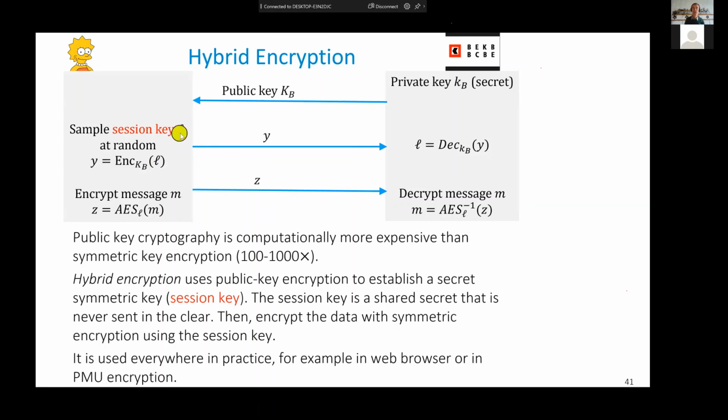And the session key is itself created using RSA. It works in the following way. The bank uses RSA with its private key and a public key. The public key, as the name says, is public. So Lisa knows the public key of the bank. She uses the public key to encrypt a random session key.